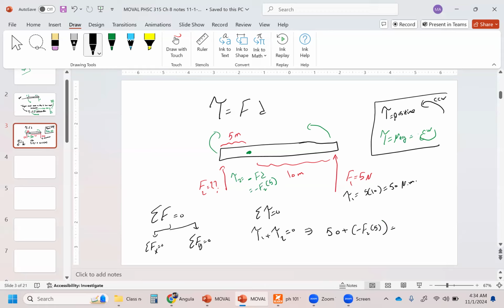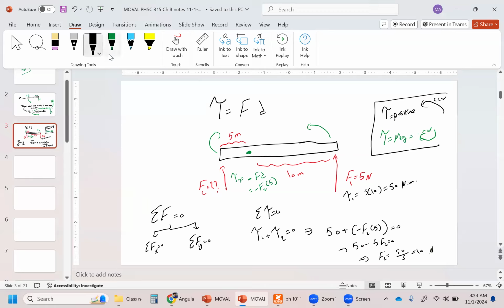That's going to equal 0, which means that solving for this, 50 minus 5 F2 is going to equal 0, which means that F2 is going to equal 50 divided by 5. We're talking about 10 newtons.